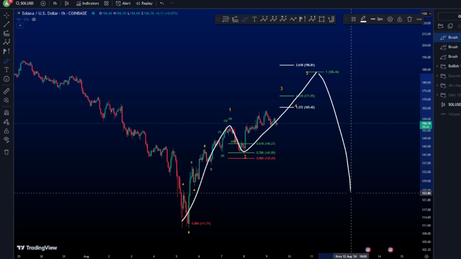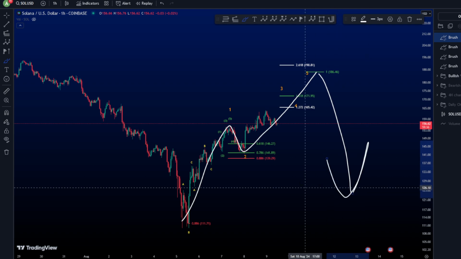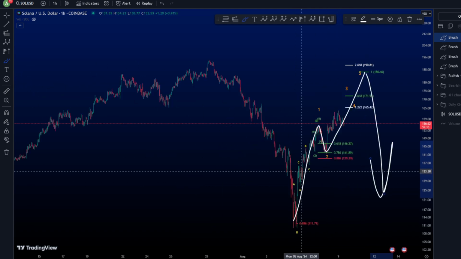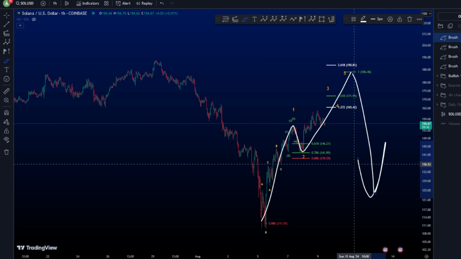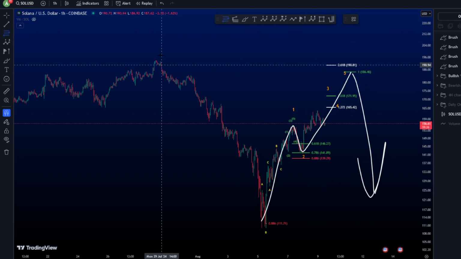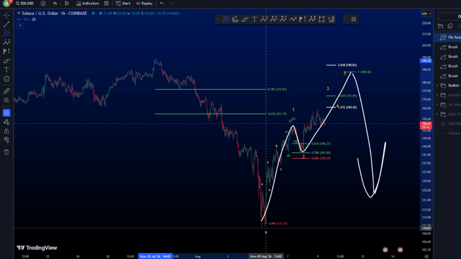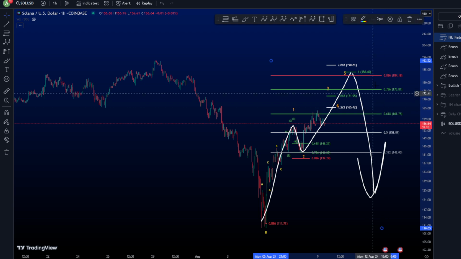However, after hitting this level, if we are corrective, then we might see a drop towards the downside, and that might create some confluence. If we take this 1-2 here and hit the fib levels, perfect.